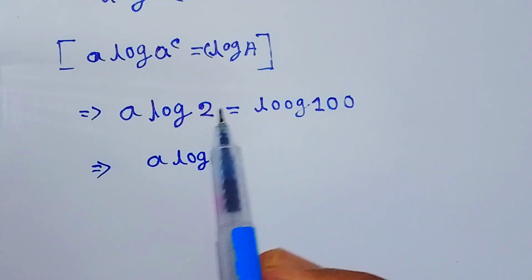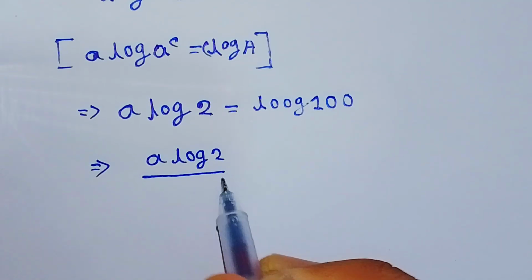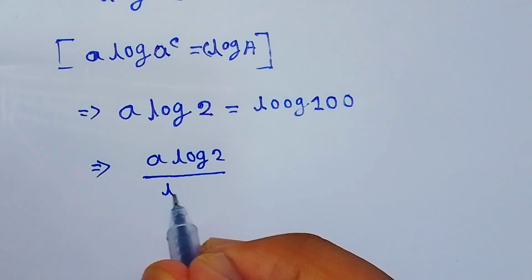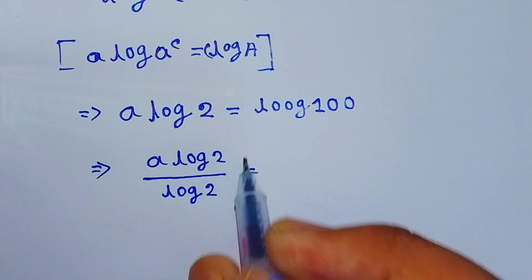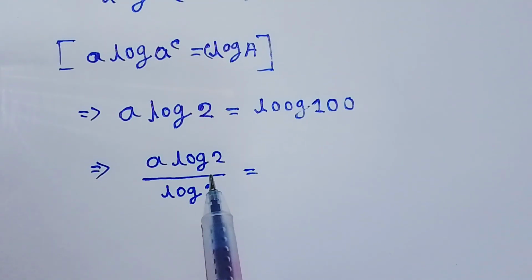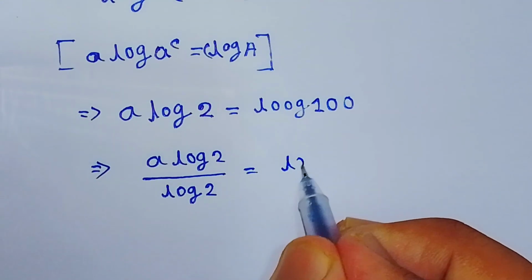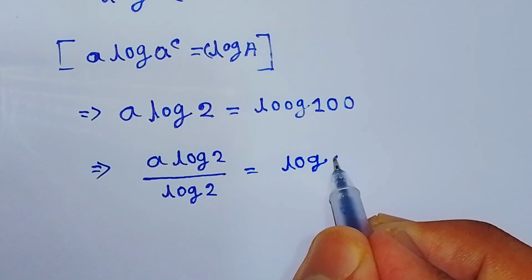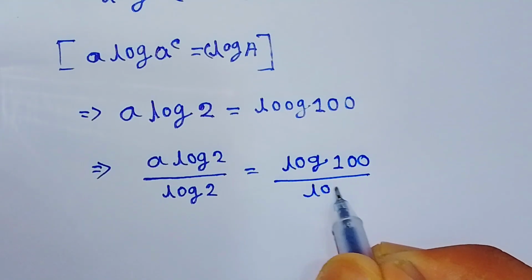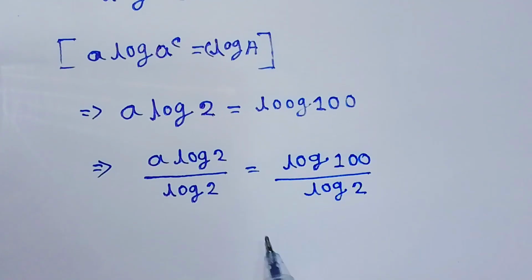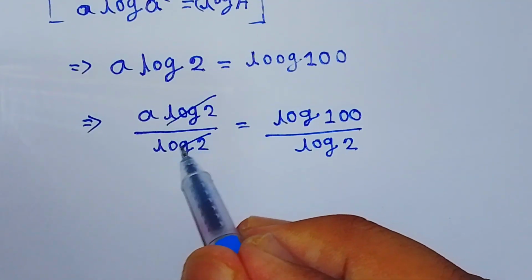Generally we have to remove this log 2 from here, so we have to divide both sides by log 2. So we write a log 2 divided by log 2, and also log 100 divided by log 2. From here we will cancel out this log 2 and this log 2.